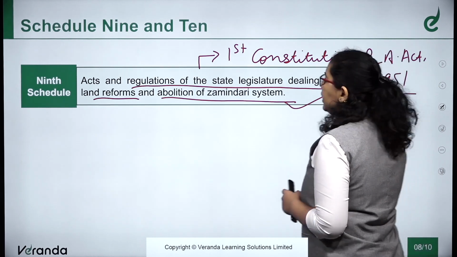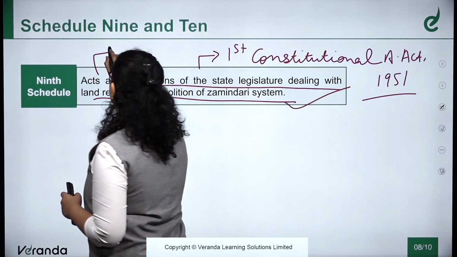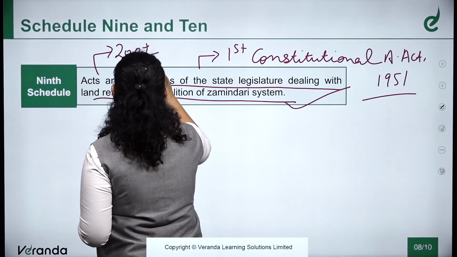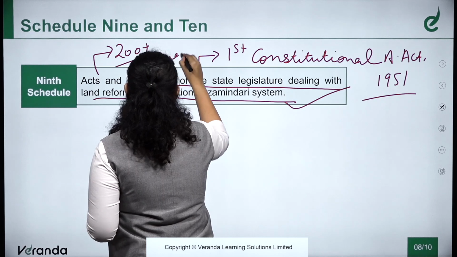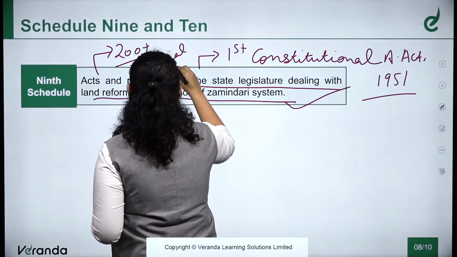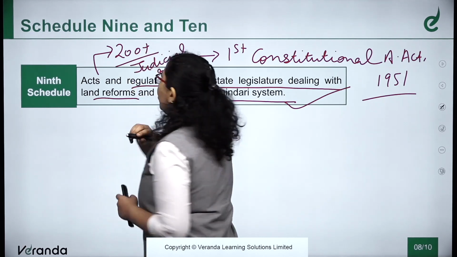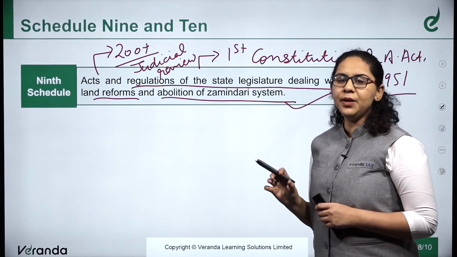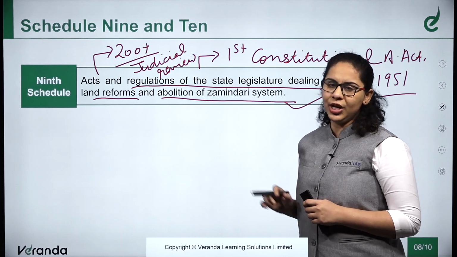We have nearly 200 plus laws which are prevented from judicial review. These laws cannot be challenged in any court of law in India. 9th schedule has a list of laws that are prevented from judicial review.